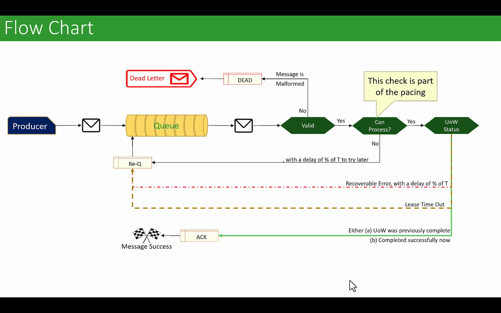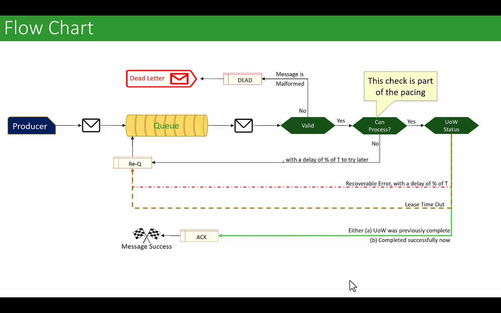And the can process box is what makes the decision after the previous step says, yes, the message is valid. If it wasn't, we ended the process and dead lettered the message. So are we about to overrun this unit of work? Is the unit of work already processing this particular type for this key range or whatever? Or has it processed it so recently that we don't want to immediately reprocess it? That is the pacing overrun protection, the can process box.